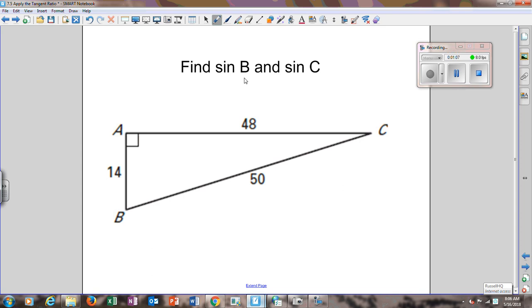So if we're finding sine of B and sine of C, we would do sine of B is equal to, now if this is our angle, this is the side opposite of that, which would be 48, divided by the hypotenuse, which is 50.